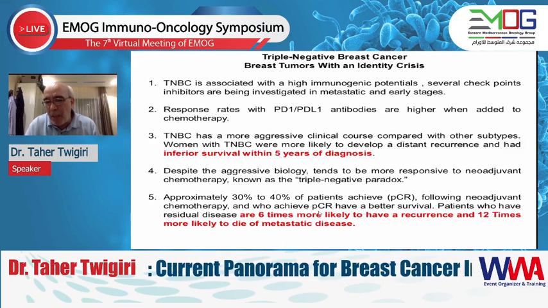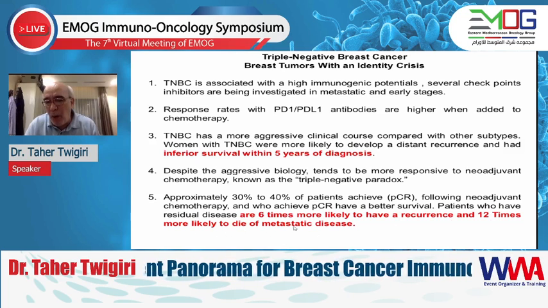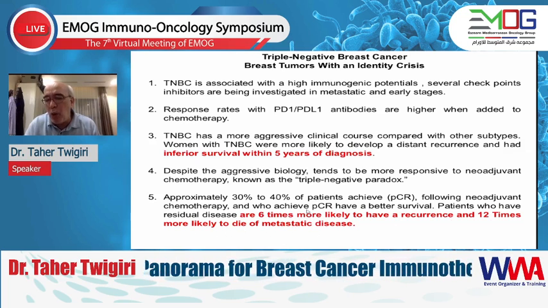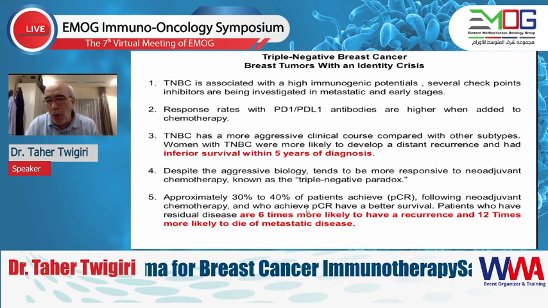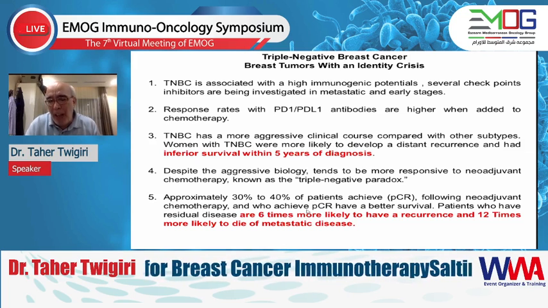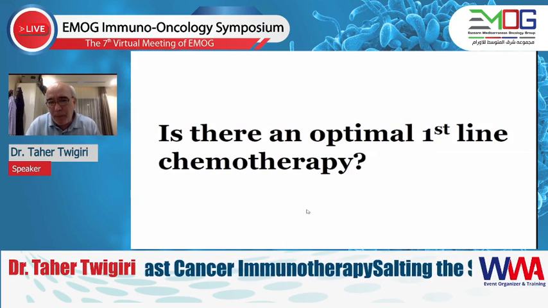They are 6 times more likely to have recurrence and 12 times more likely to die of metastatic disease if they have not achieved pCR. And I will show you some of our practice and the results, at least at King Faisal.